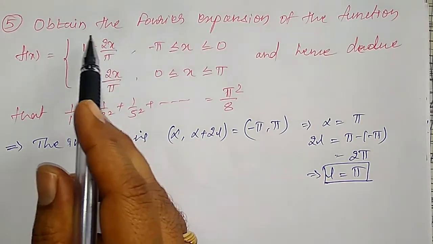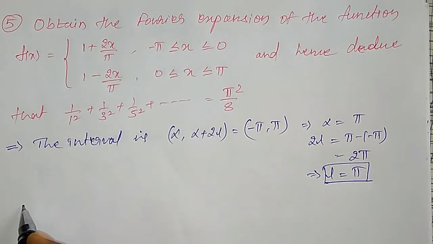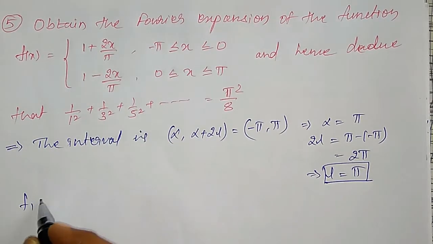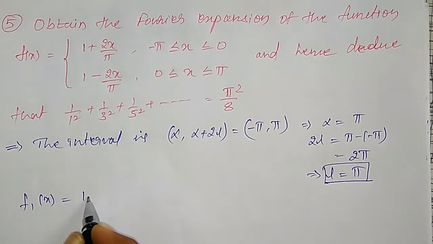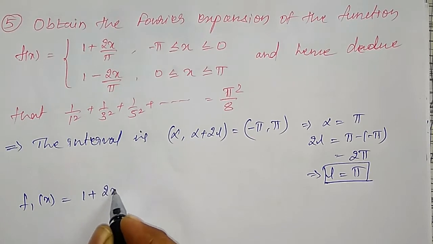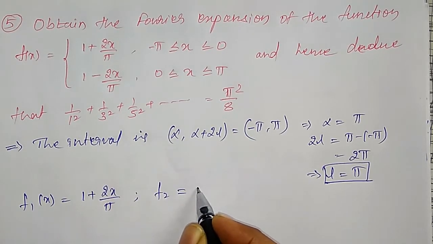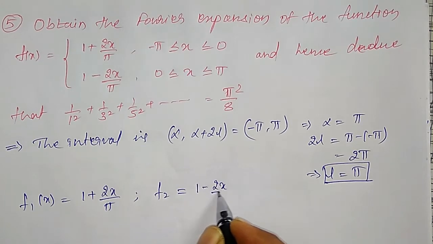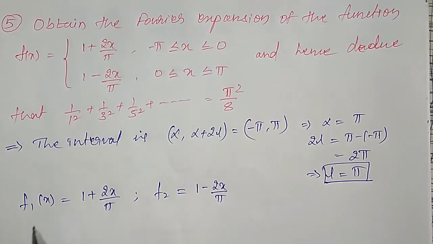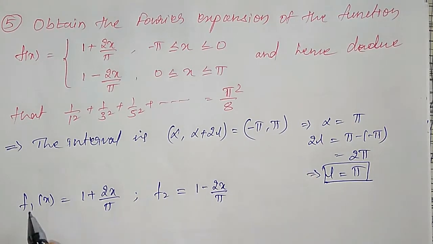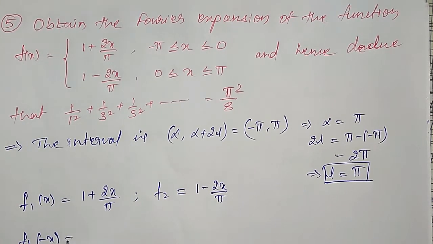Here let me consider this one as the first function. Whenever it is defined in two ways, I have to consider f1 of x is equal to 1 plus 2x by pi, and the second function I will consider as f2 of x equal to 1 minus 2x divided by pi. Now in f1 of x I will replace x by minus x. Since the interval is minus pi to plus pi, to check even and odd, in the first function I will replace x by minus x.